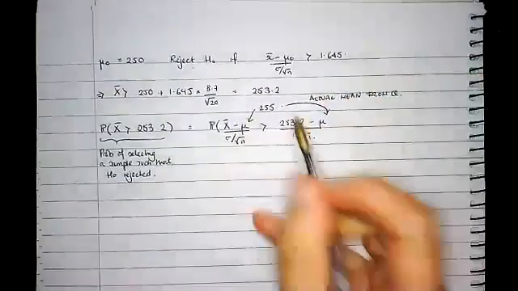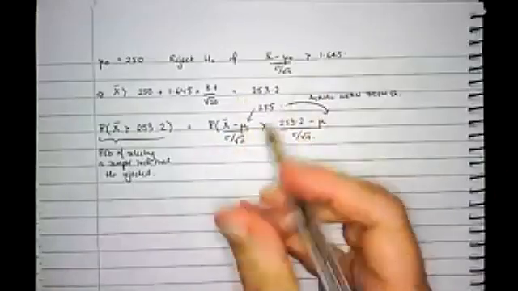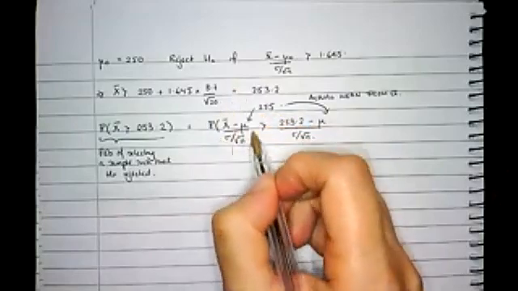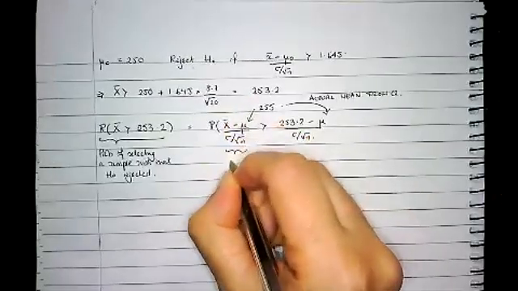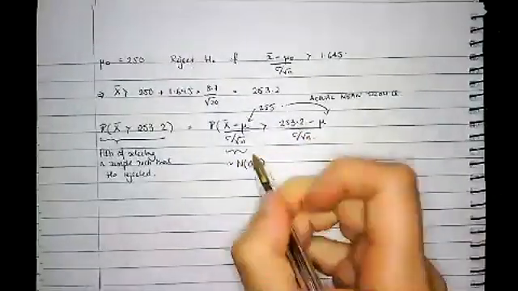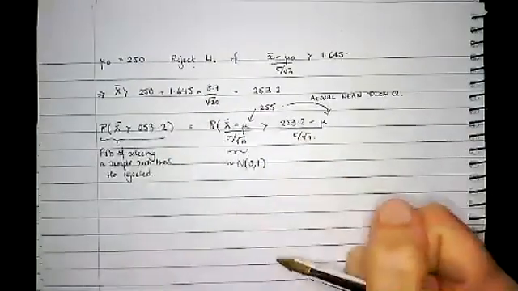Now I know that when I'm standardizing by the right mu rather than the potentially incorrect mu, this thing here is a normally distributed random variable with parameters 0 and 1, because it's been scaled correctly.